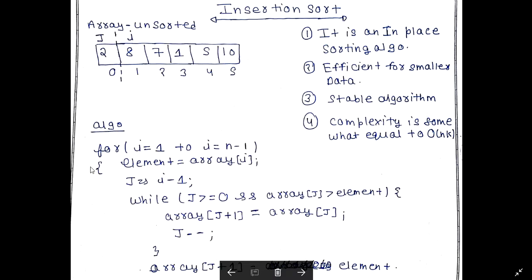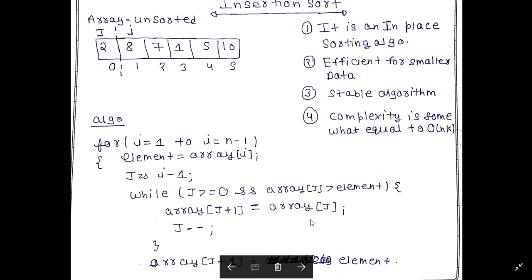Secondly, the value of j is 1 less than the value of i. So we enter this loop only when the value at j is greater than the element, and then we do something. But what we do, I'll tell you. And then when we come out of the loop, we put this element in the position one greater than j.